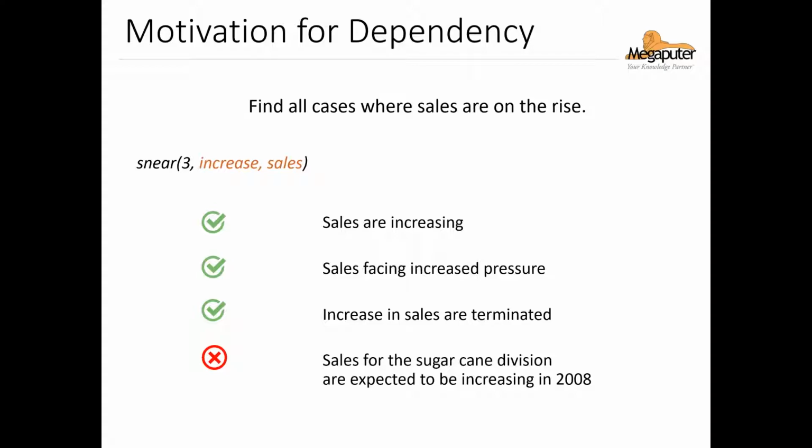Now, I'll show you how to use the dependency function, which will allow us to capture all of these. If I use the dependency function here, I can actually find the first and fourth one without worrying about the middle two, and we'll see how we can use this.